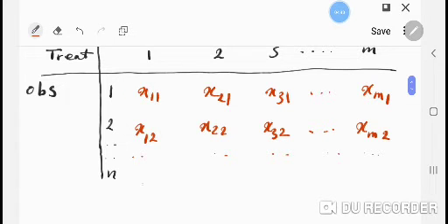And finally, observation number n in treatment 1 is x1n, and x2n, x3n, and xmn.